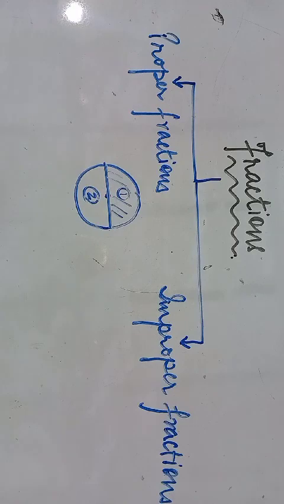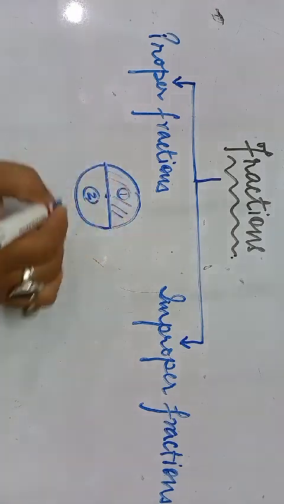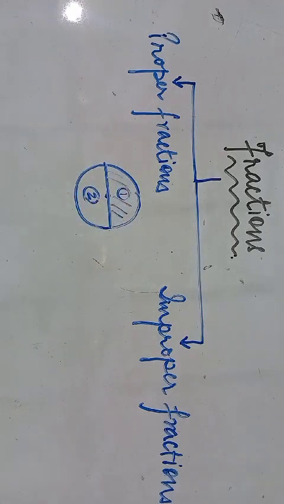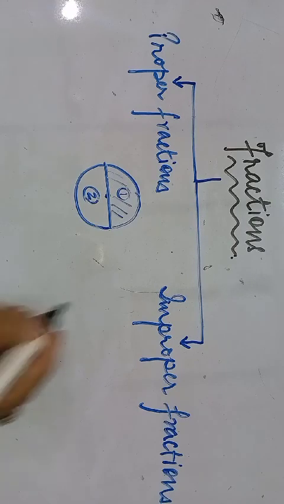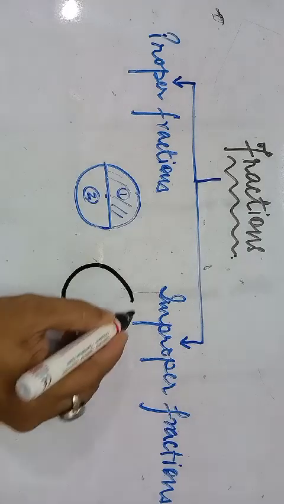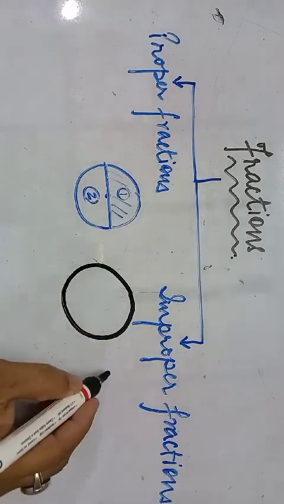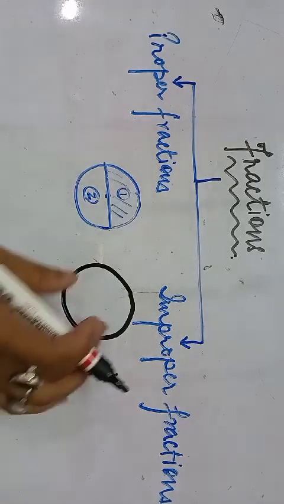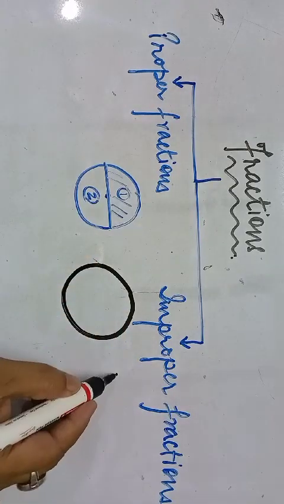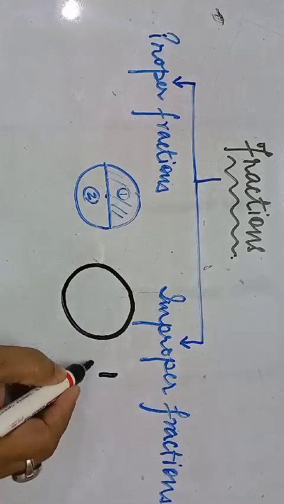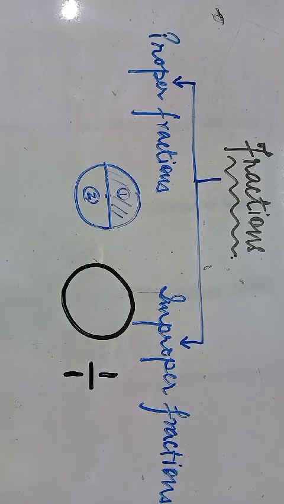Let's say, for example, earlier I was representing the whole cake. So let me just draw another diagram to help you understand. Suppose I have this. Now this is to be treated as a full cake. Therefore, if you want this whole cake to be picked up, I will say that I have picked one part out of the one part.